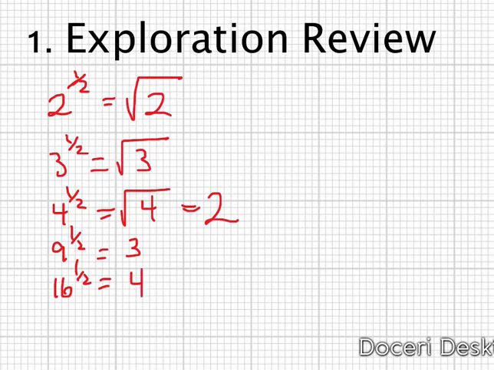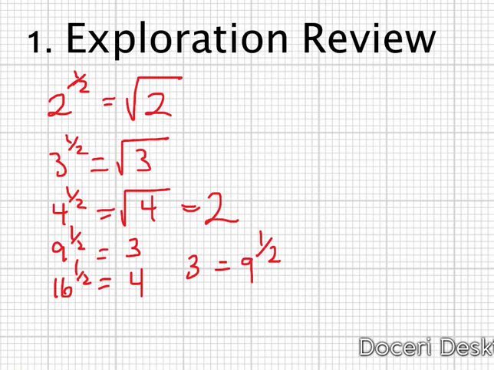You should have noticed that if I square both sides, 3 squared is the same as 9. Well, if I raise each side to the 1/2 power, I get 9 to the 1/2, and the 2 becomes a 1, which gives me the same thing. So this is the pattern you should have noticed. Every time you have a 1/2 power, you do the square root.